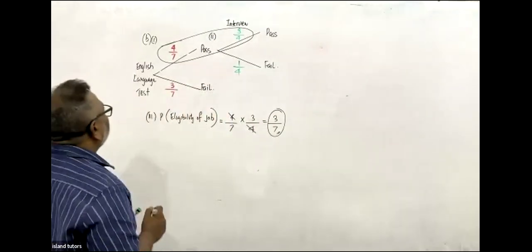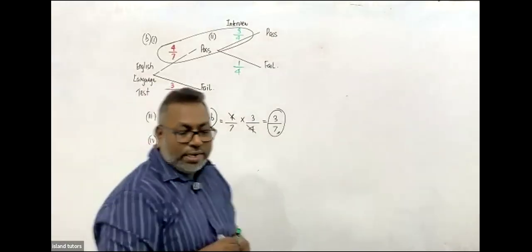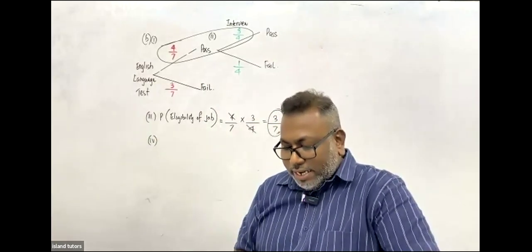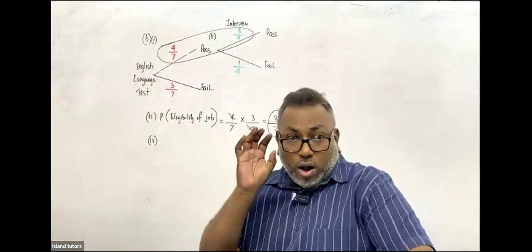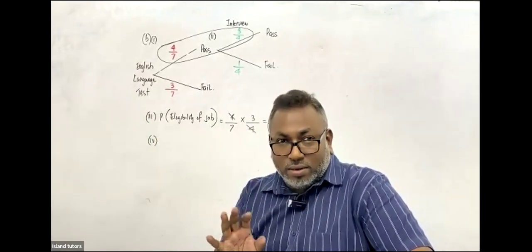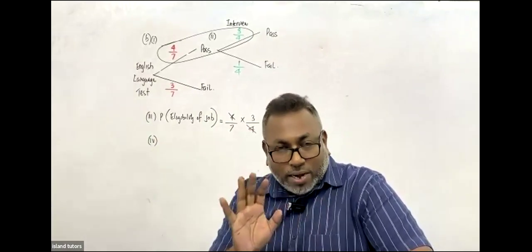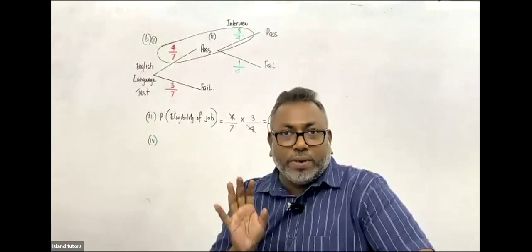Okay, good. Finally, fourth part of this question, they're saying accordingly to hire 105 people. That means total number are there. Certain people have passed the English language test. Certain people have passed the interview, and they are taking 105 people.